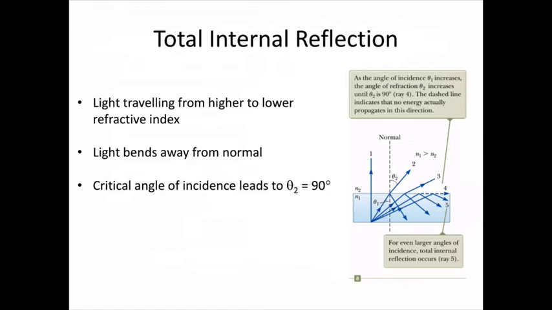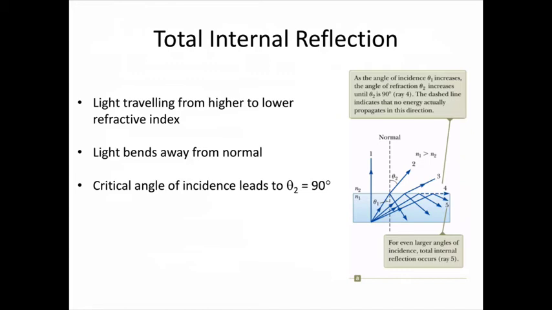There are some sample rays in the block that you can see there, and they are all bending away from the normal. That means the angle of refraction is bigger than the angle of incidence. If we look at the rays numbered 1 to 5, the angle of incidence is increasing, so the angle of refraction must be increasing faster, and it reaches 90 degrees while the angle of incidence is still something less than that.